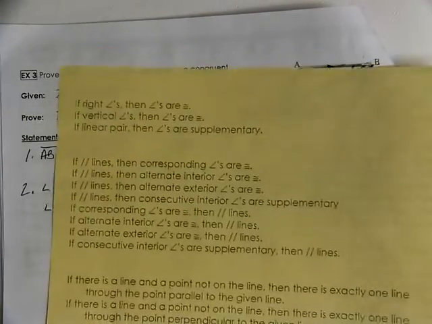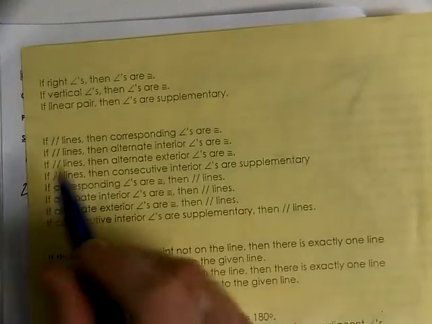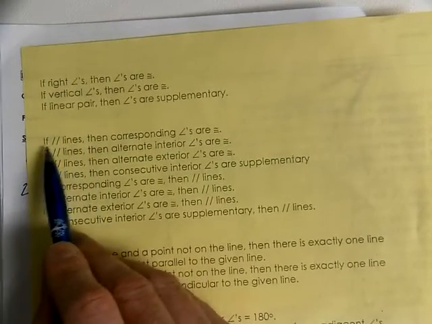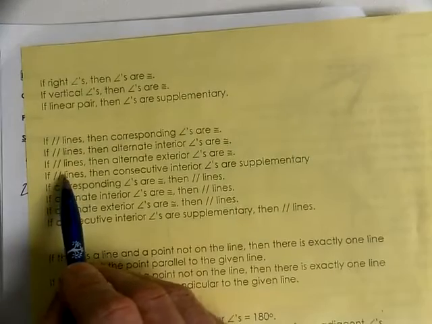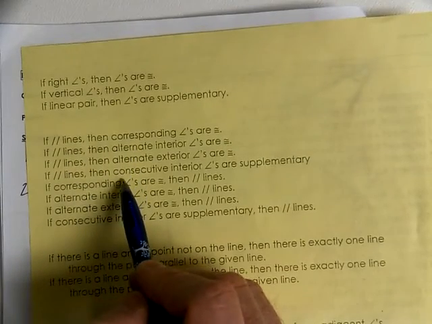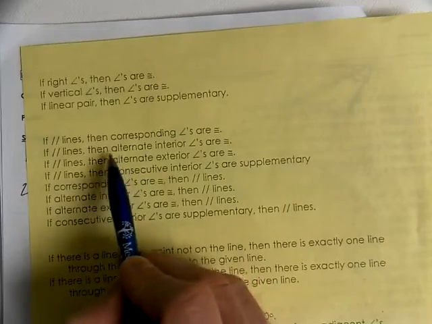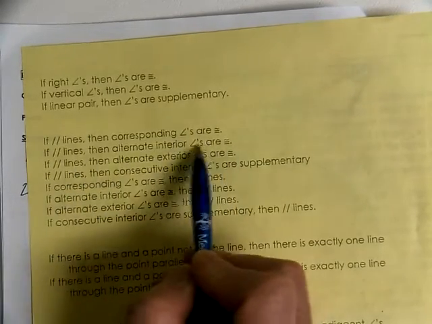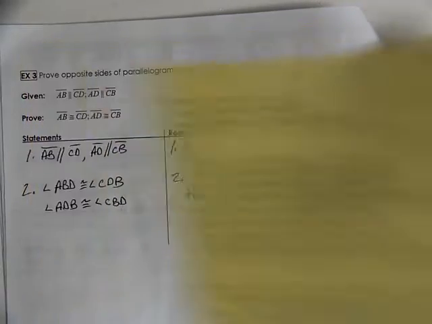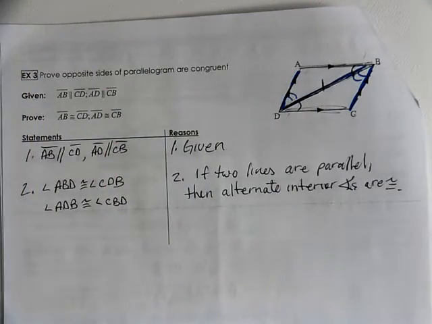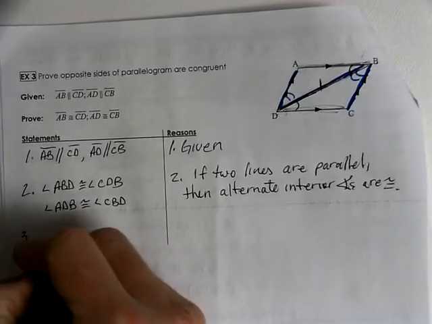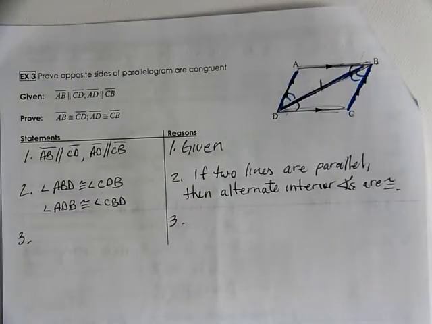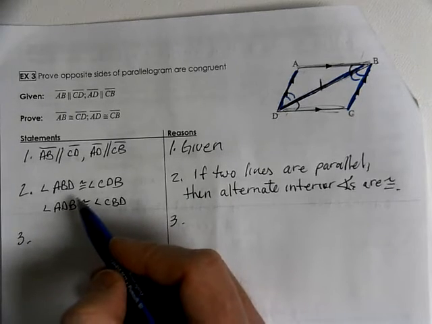We know from our yellow sheet, if you look at your yellow sheet, if parallel lines, you have several different options. You have each of the different types of names. We're using alternate interior, then they are congruent. So that's the one we're using. So we have shown 2 sets of angles.